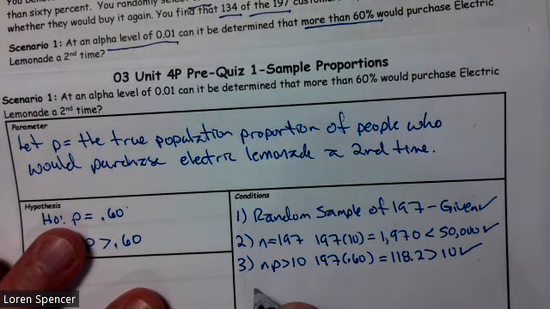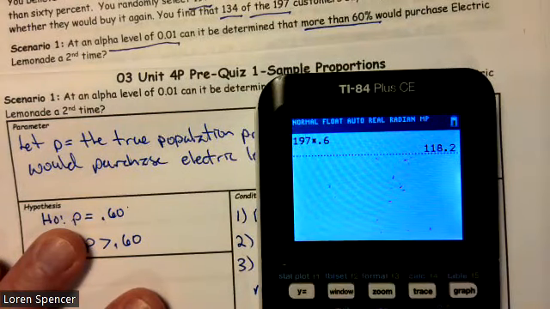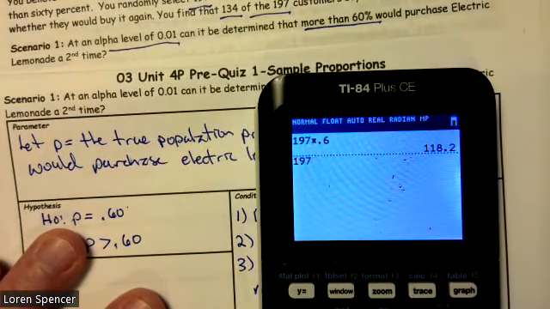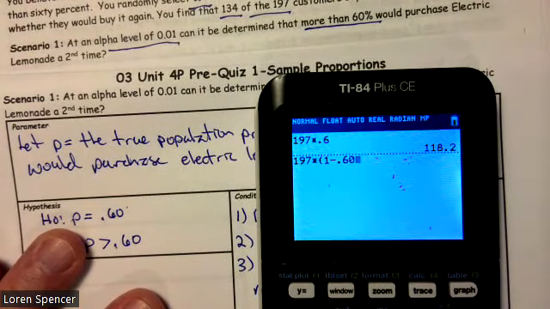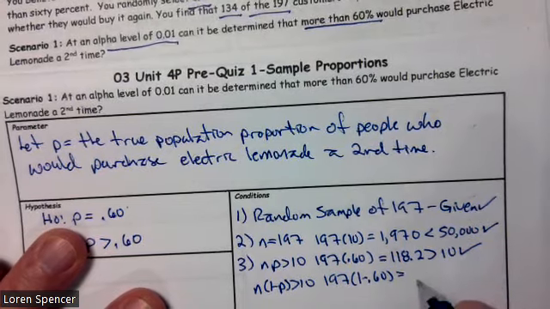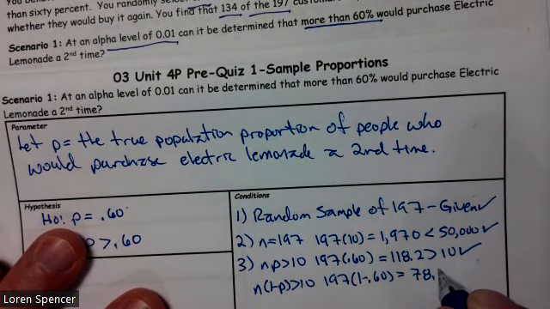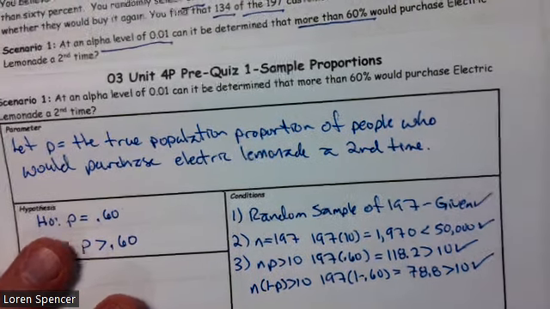And then we need to check n times 1 minus p. That also has to be greater than 10. So 197 times parenthesis 1 minus 0.60. And we close that. And we get 78.8. And that's also greater than 10, so we can check that off.